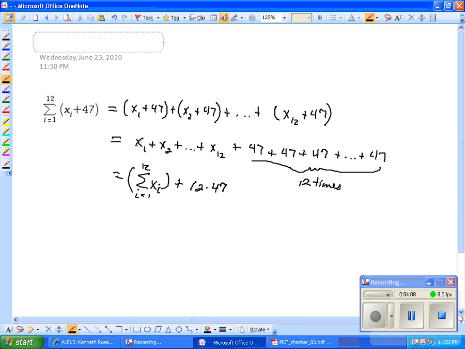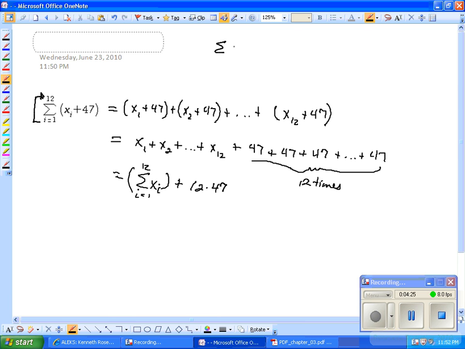So basically what I'm telling you is when you have something like this, just do the summation of the whole array of data and add 12 times 47, because there's 12 of these, from there to there is 12. So here's a general rule, ready?